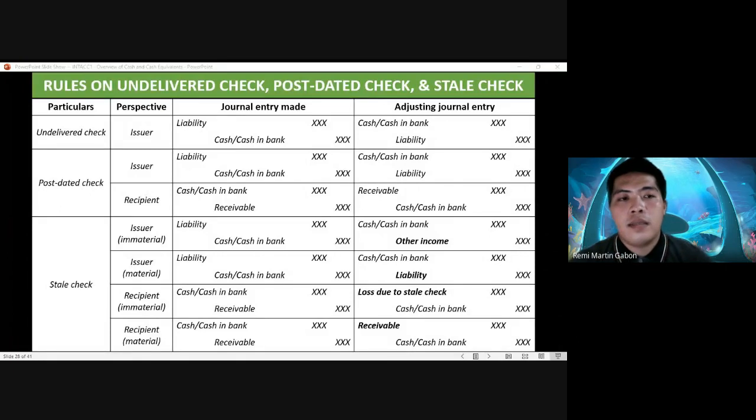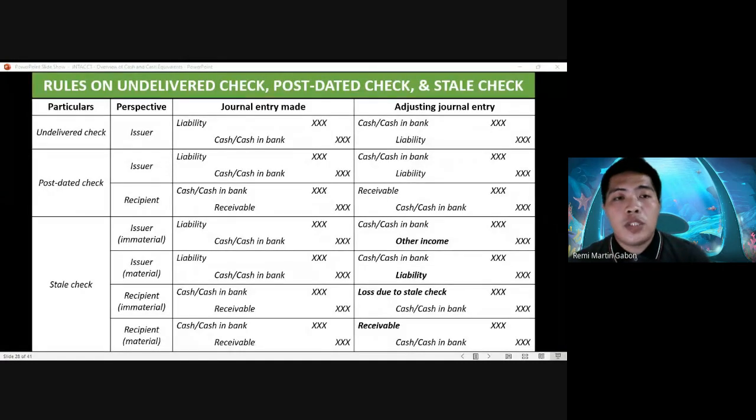Next, stale check. For stale check, we have 4 perspectives. Naging 4 kasi nga each perspective ng issuer and recipient will have 2 sub-perspectives depending on the amount involved if they are, again, material or immaterial.